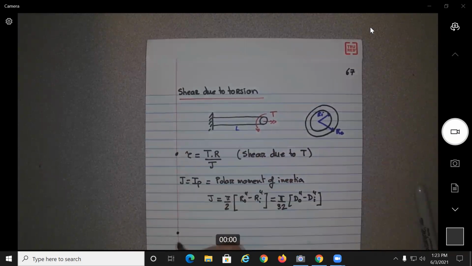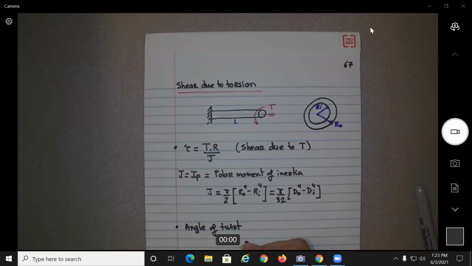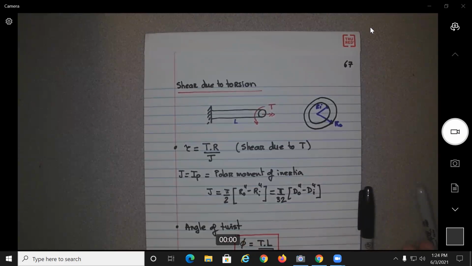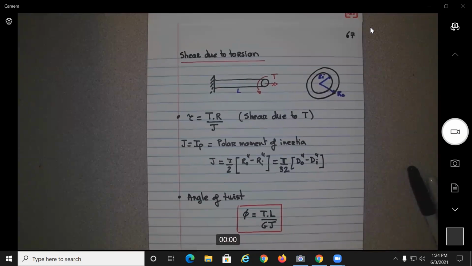And next, the next thing they can ask you to find is the angle of twist. The angle of twist phi equals the torque times the length of the shaft divided by G times J. So again, these equations, I hope they look familiar.